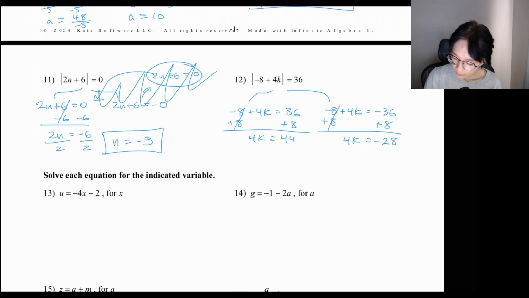Divide both sides by 4. Over here, k equals 11. Over here, k equals negative 7, I think. So k equals 11, negative 7.